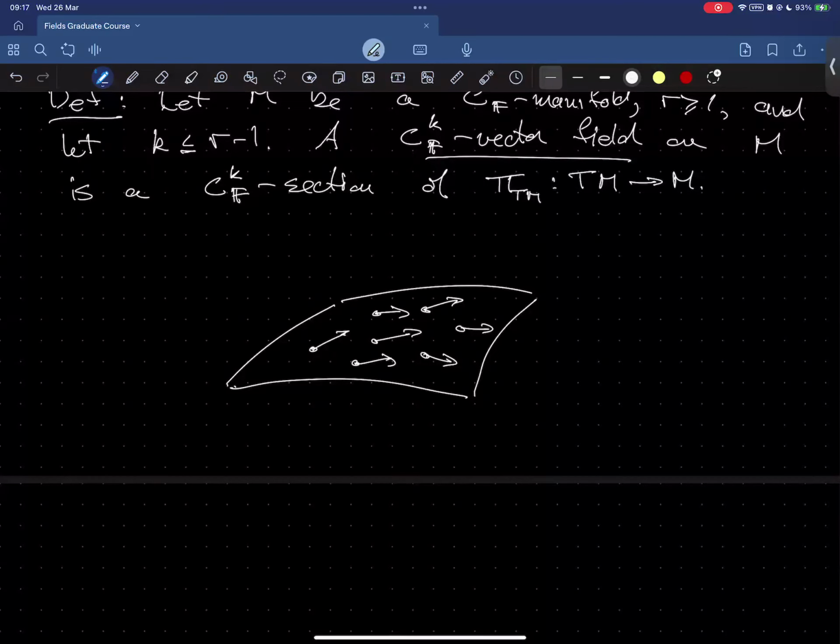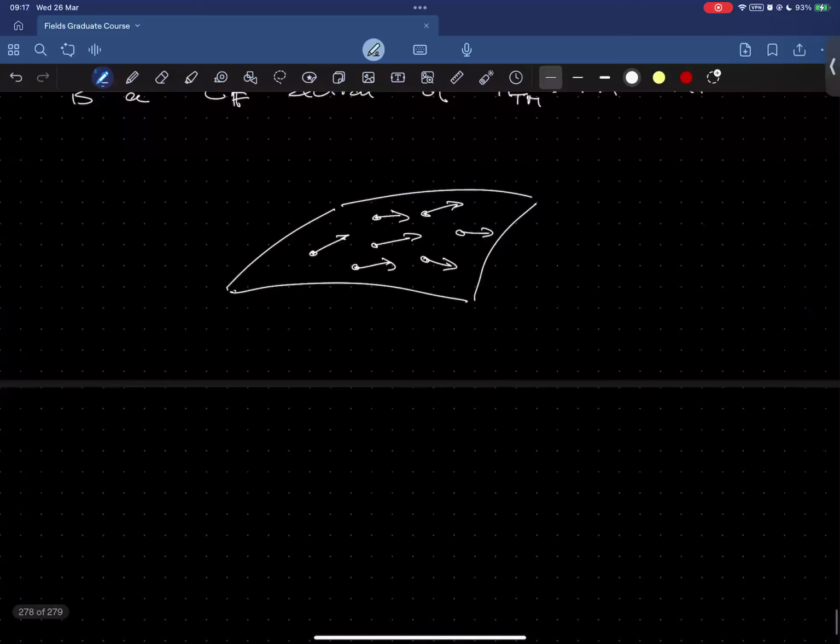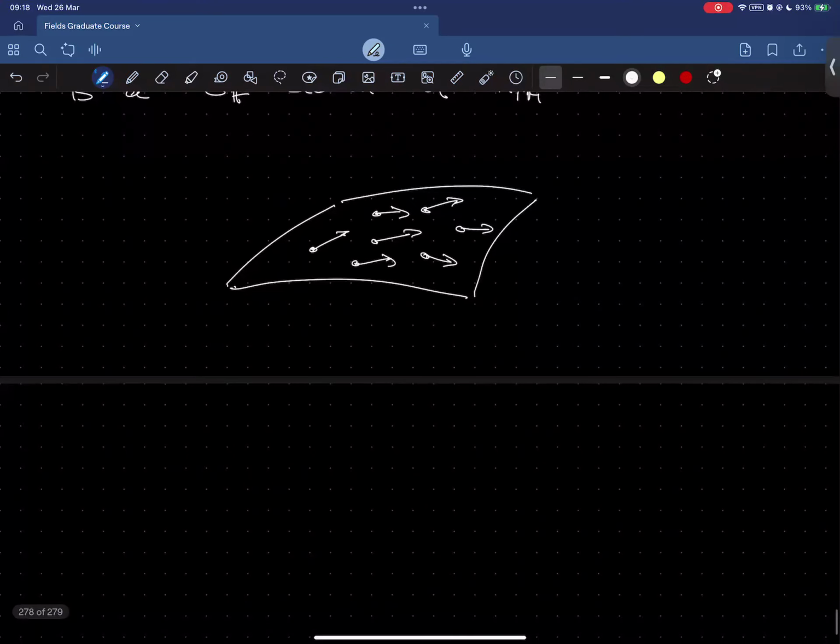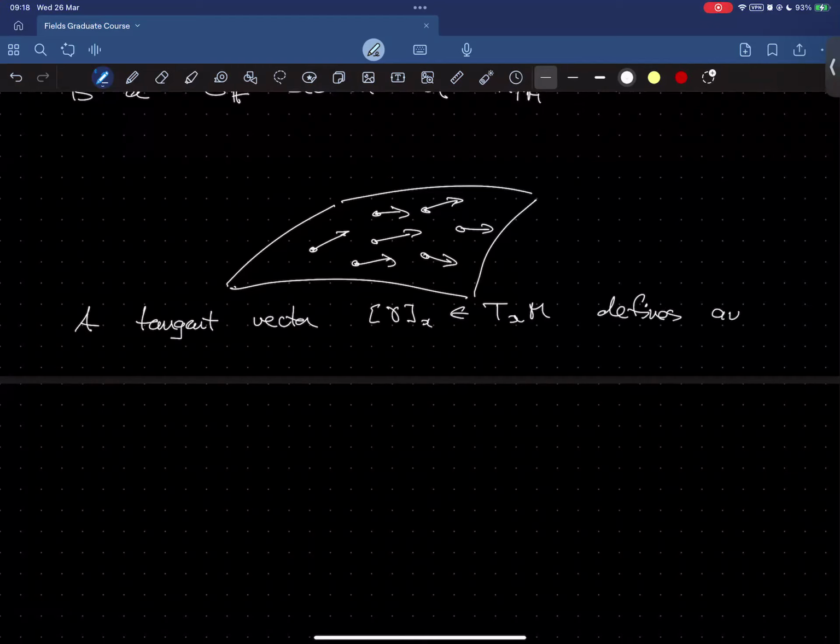So first, remember that we had tangent vectors. A tangent vector gamma_x in the tangent space at x defines what I call an F-derivation at x.